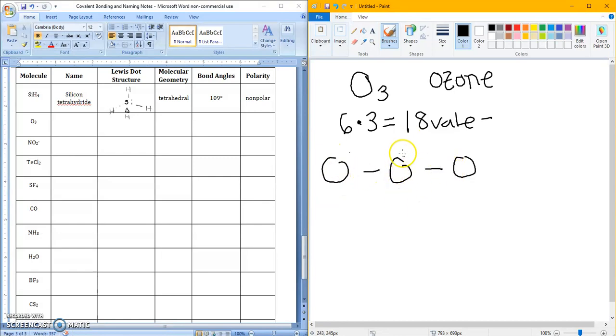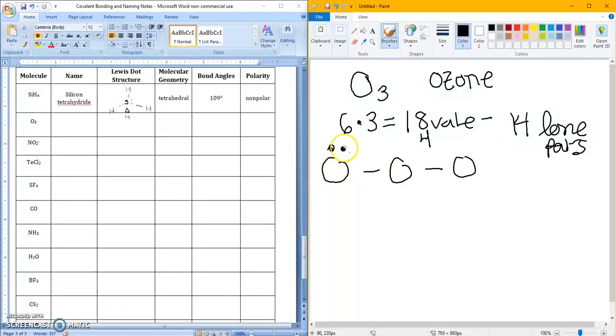Step number 2. Alright, if I look, I only have 4 electrons used up. So 18 minus 4, that means I have 14 lone electrons, which need to be put into pairs. So I start with the outside atoms first.